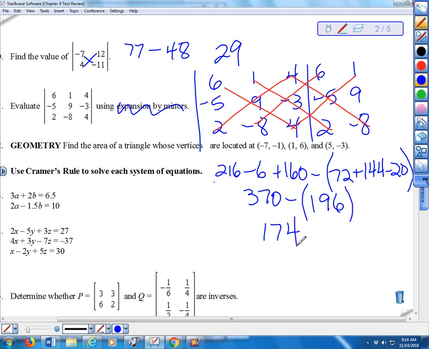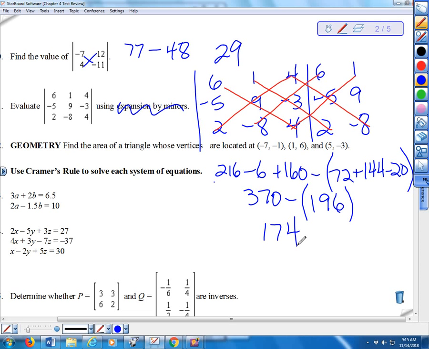And then clear your screen and go second matrix, math, determinant, and then pull that one in. 174. So use your calculator tomorrow and check it, but I need to see work here to give you credit, not just the answer. Okay?